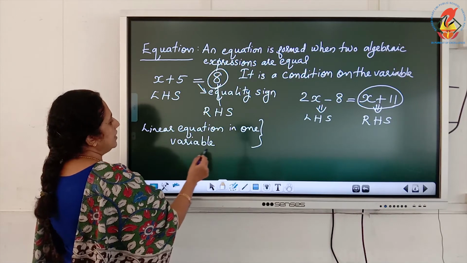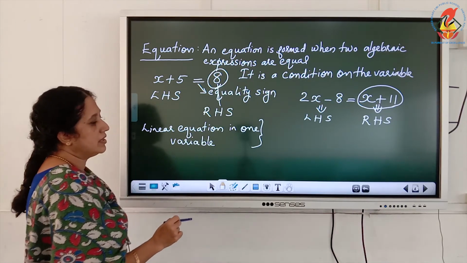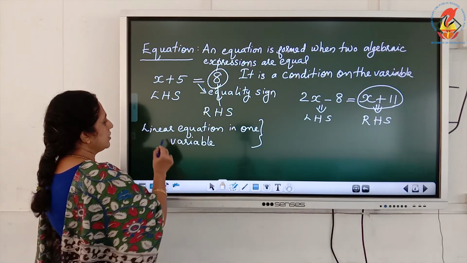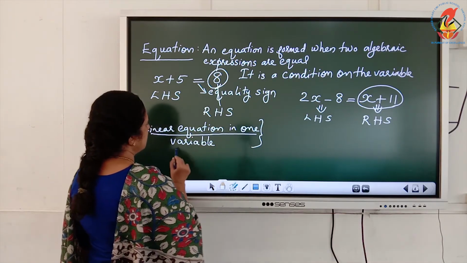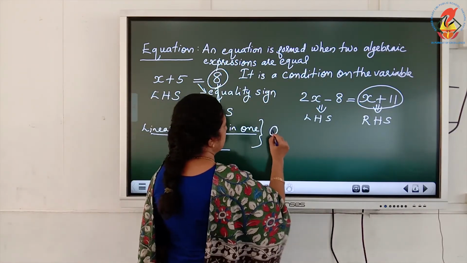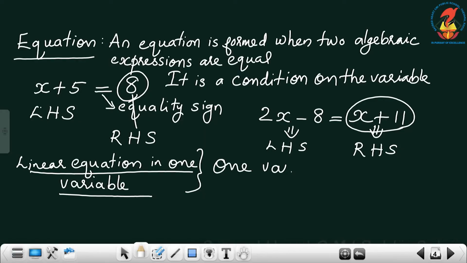Then, linear equation in one variable. I told you we are considering only linear expressions. So linear equation in one variable means the equation which contains only one variable, and the highest power of the variable appearing in the equation is 1.